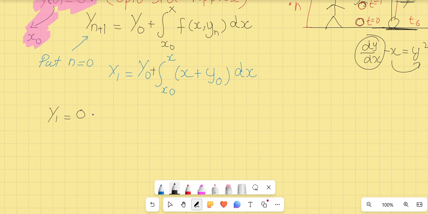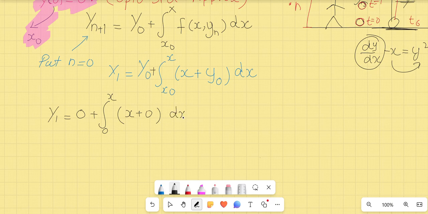Plus the integral from x naught, you already know it is 0, to x, and inside you will have again x and y naught. You already know that y naught is equal to 0, dx.